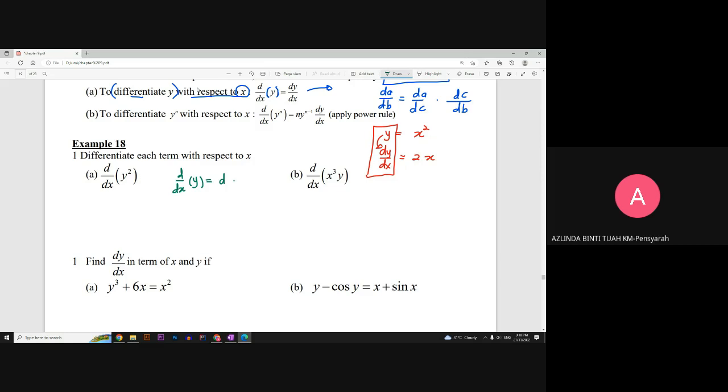So nak differentiate y kena respect to y. Okay, jadi macam mana pelaksanaan chain rule? Dia kena balance. Left and right must be balanced. So dx akan saya letak di second term, which is the second part. This is my first part. This is my second part.